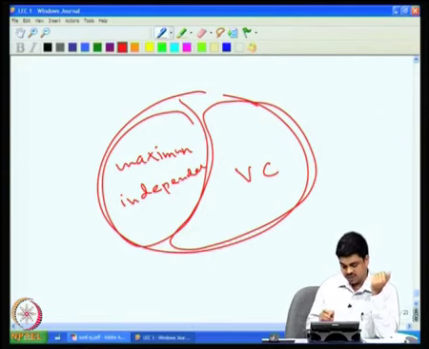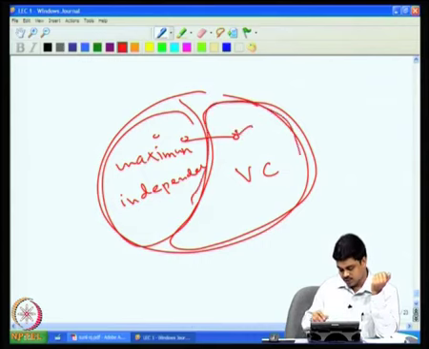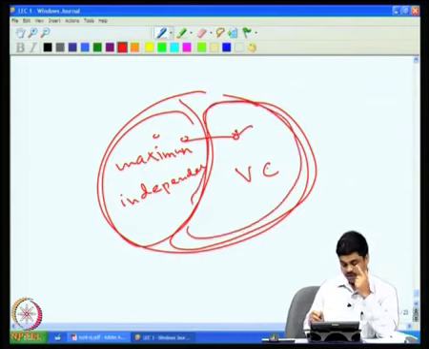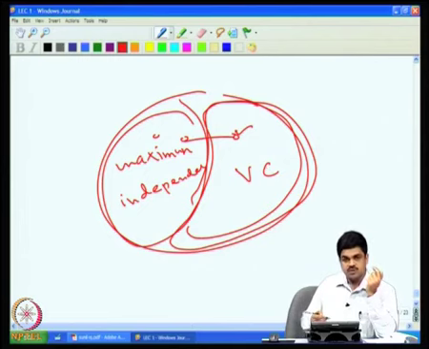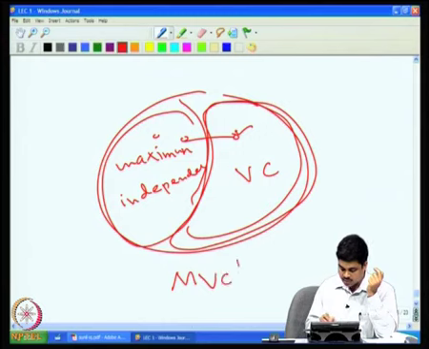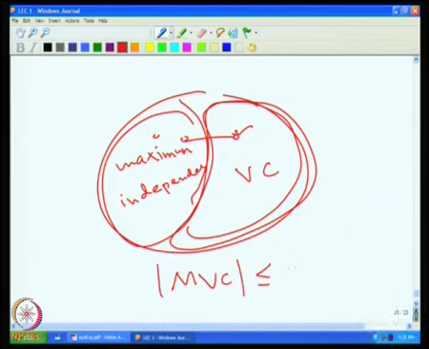Because any edge is going to be like this only, it is not possible to have an edge like this. So, any edge has at least one of its endpoints in this part. So, it is a vertex cover. So, the minimum vertex cover has to be even smaller than this. So, we get cardinality of the minimum vertex cover is less than or equal to the number of vertices minus alpha of G.